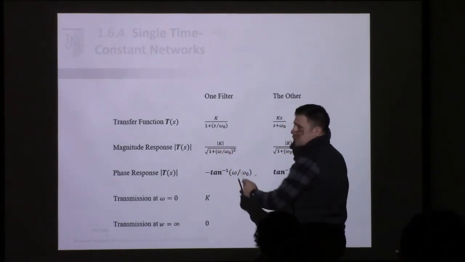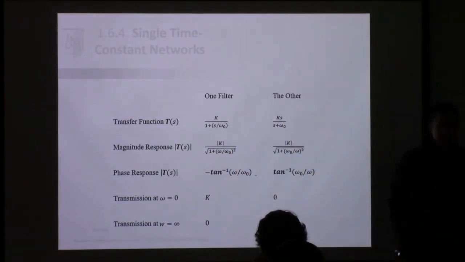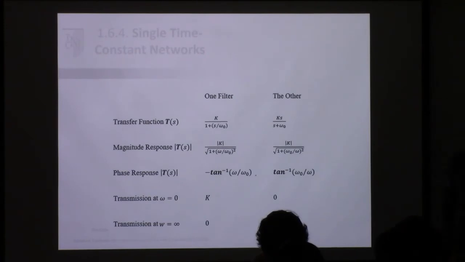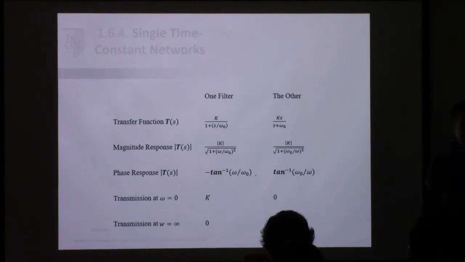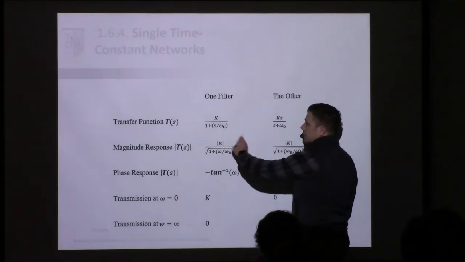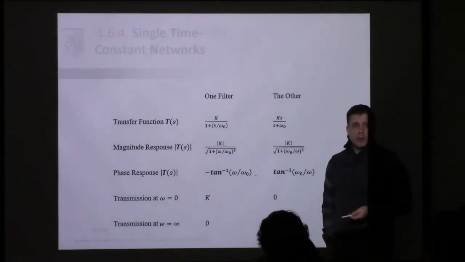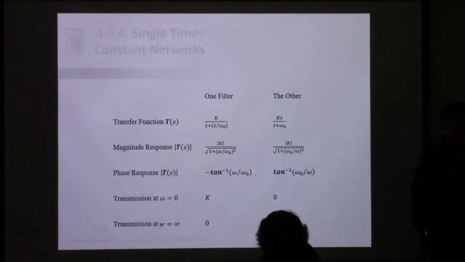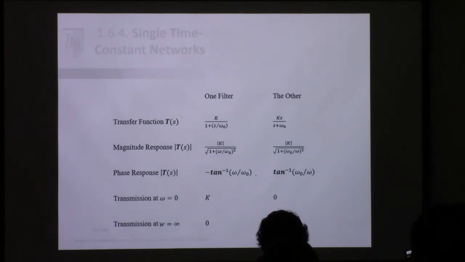What is S? S is j omega. That's just another way of writing it. Okay? And what is omega 0? This is what we call the corner frequency for the low-pass filter.